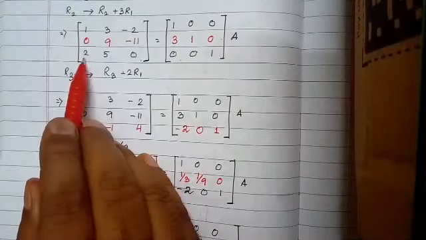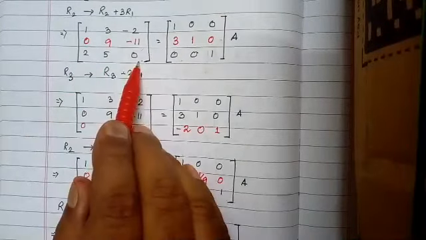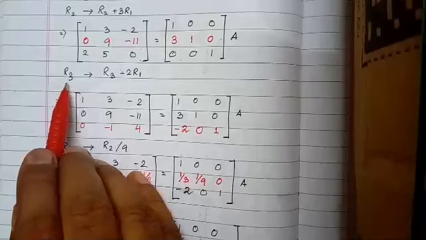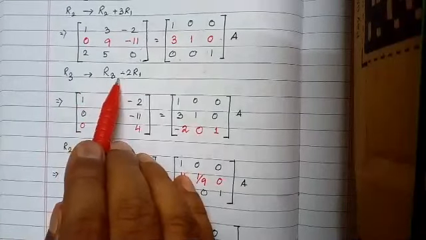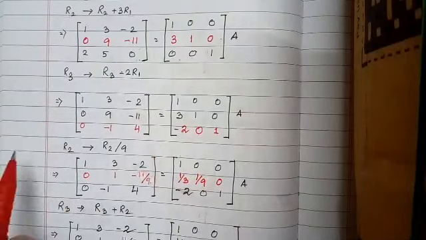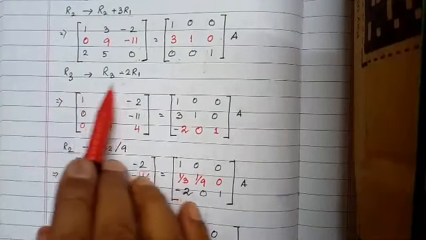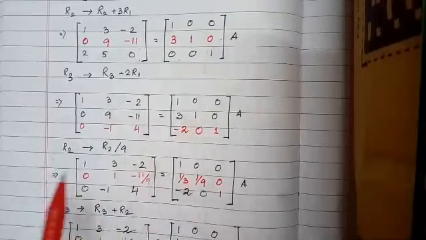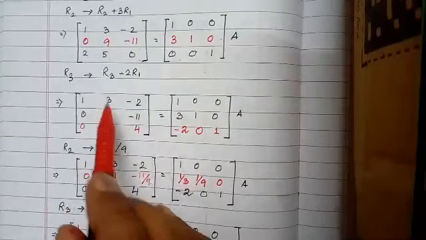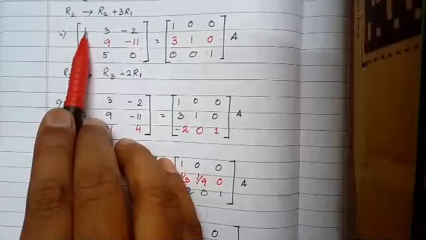Next we have to make this one 0, that is R3 to be operated. So R3 is replaced by R3 minus 2R1. As we are operating R3, R1 and R2 are written as it is. Then for R3 minus 2R1, multiplied by 2.